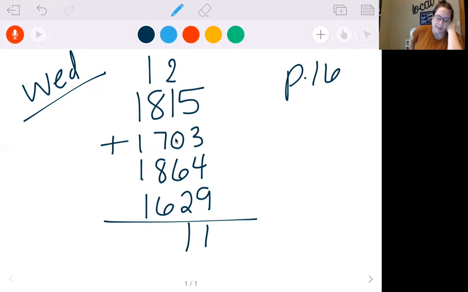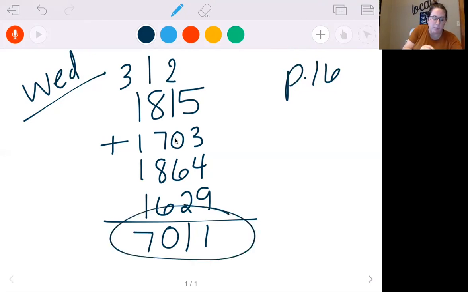Plus 1 is 17. 17 plus 7 is 18, 19, 20, 21, 22, 23, 24. 24 plus 6 is 30. So put down your 0, carry your 3. Then we have 3, 4, 5, 6, 7. So we end up with 7,011 people who attended in all for the play.